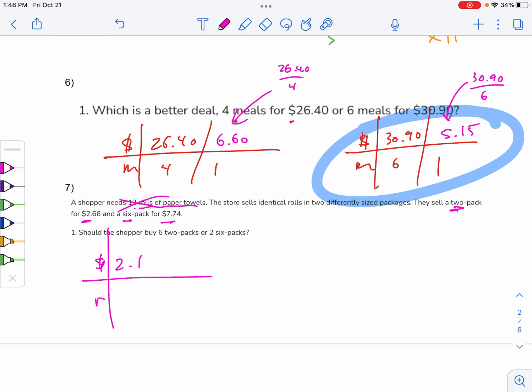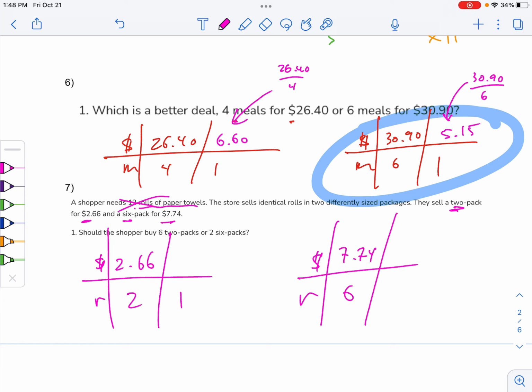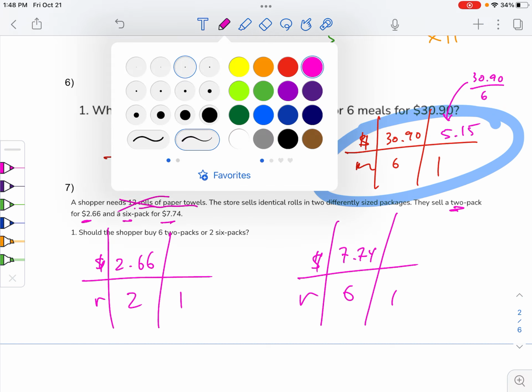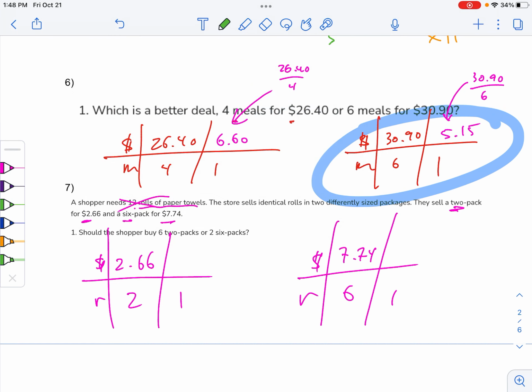So $2.66 for 2 rolls, and I want for 1. $7.74 for 6, and I want 1. There we go. It's all built. It's ready to go. Let's solve this. So this one here, I'm going to take $2.66.